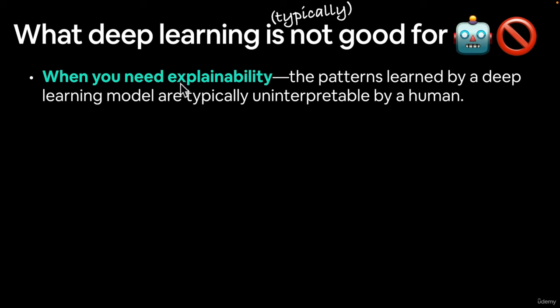So when you need explainability. As we'll see, the patterns learned by a deep learning model, which are lots of numbers called weights and biases, we'll have a look at that later on, are typically uninterpretable by a human. Some deep learning models can have 1 million, 10 million, 100 million, a billion, and some models are getting into the trillions of parameters.